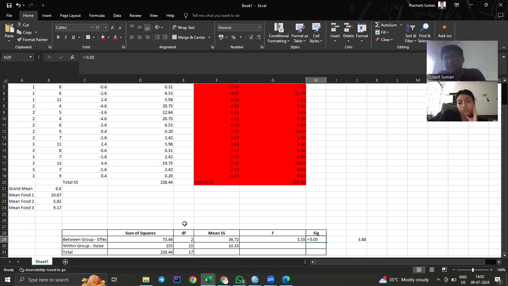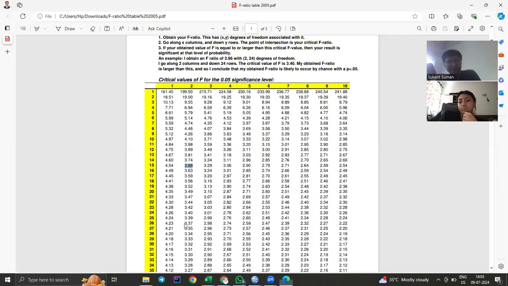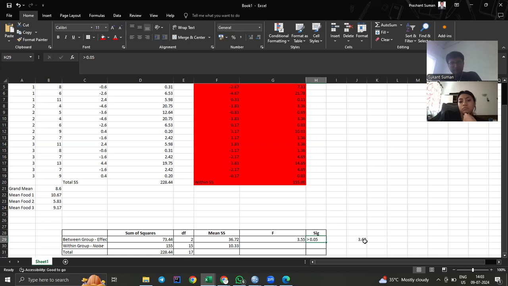The changes happening in weight are not statistically significant in this case. This will be greater than 0.05 because at 0.05, the critical value should have been 3.68.